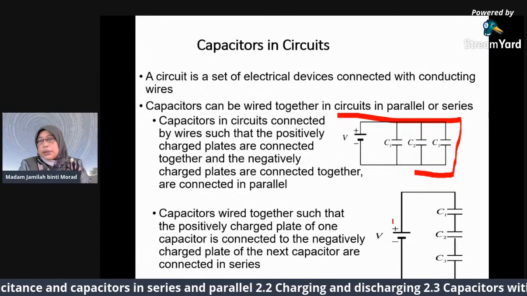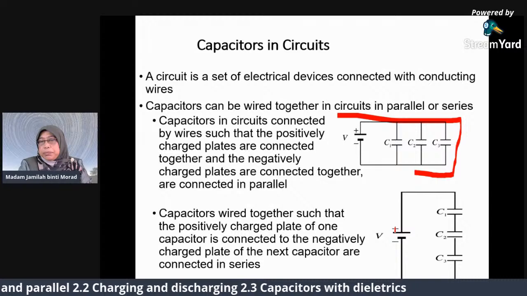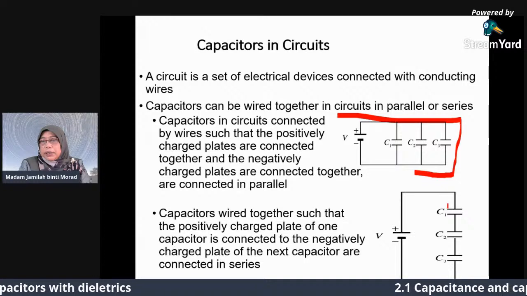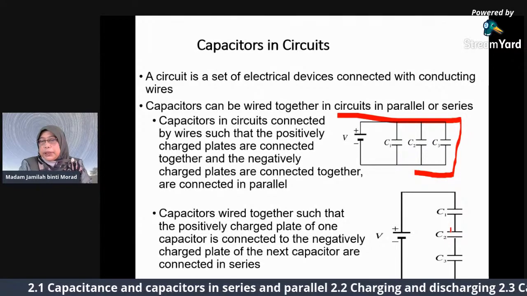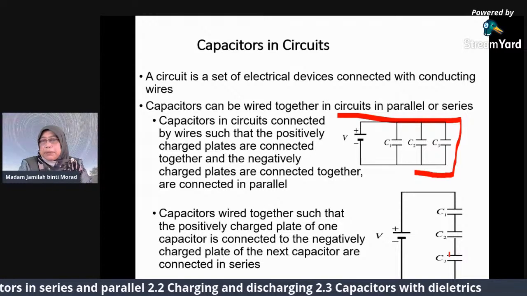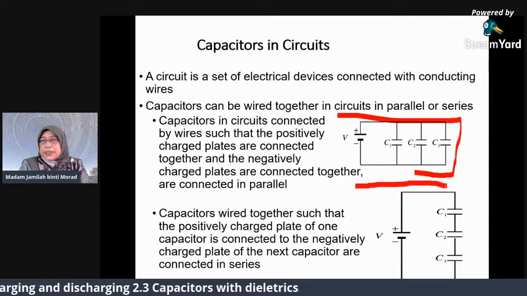Looking at this picture, the positive terminal of the battery connects to the positive plate of the capacitor. On the negative plate of C1 is the positive plate of C2, and on the negative plate of C2 is the positive plate of C3. So we say this connection is series connection.